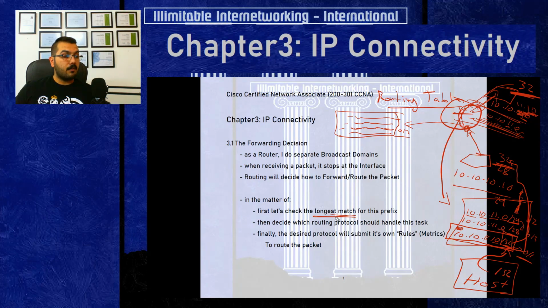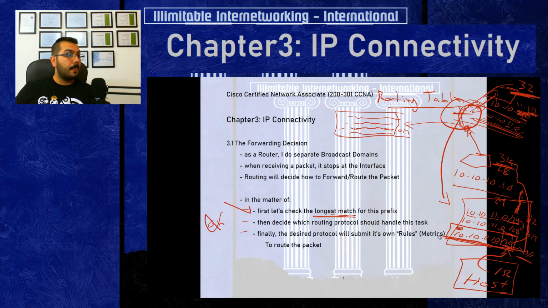So this is the first thing to check. All these steps will be applied gradually and step by step for each specific route. This is the first check in the procedure: I must check for the longest match that I will take.